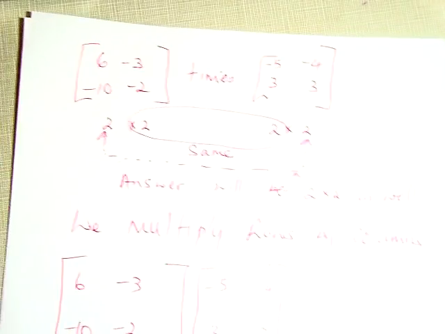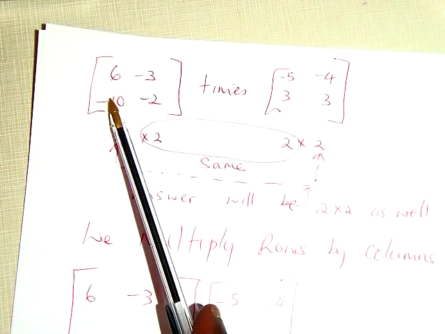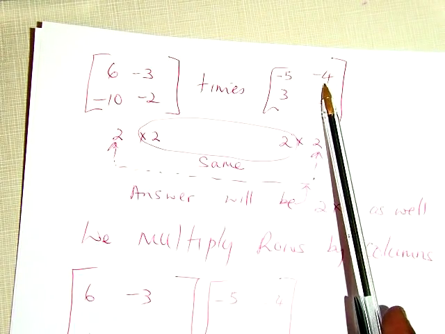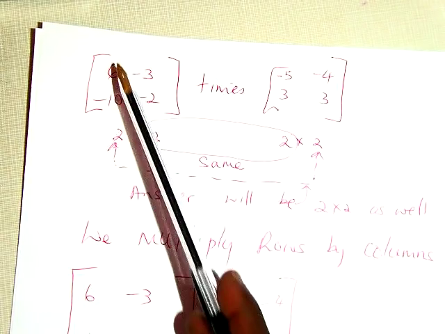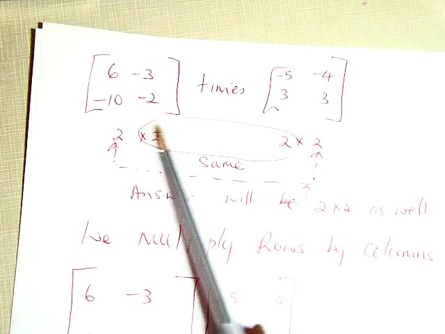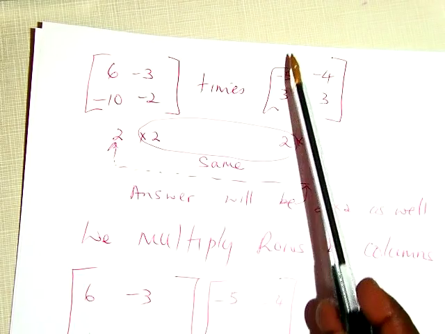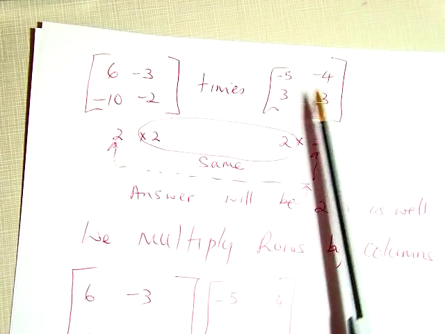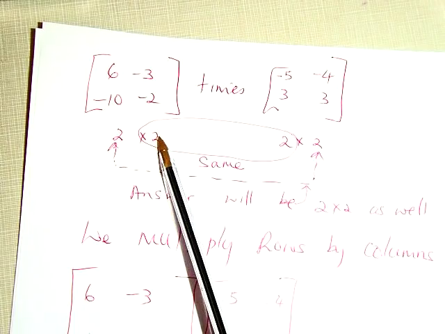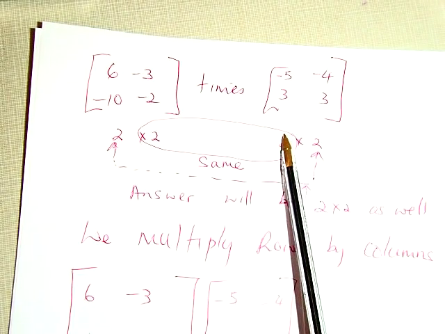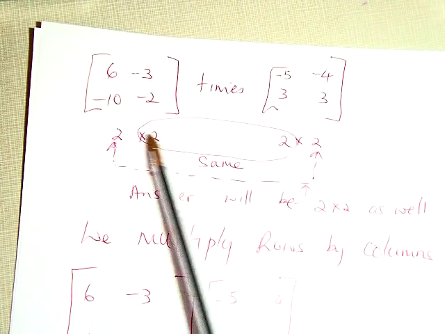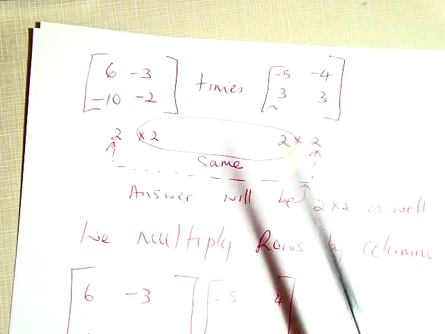Now, let's look at an actual example that has real numbers in it. So if I'm multiplying this 2 by 2 matrix by another 2 by 2 matrix, so I have 2 rows and 2 columns, so it's a 2 by 2, and I'm also multiplying it by another 2 rows with 2 columns. So the number of columns here matches the number of rows here, so we can multiply them, and the answer is also going to be a 2 by 2.